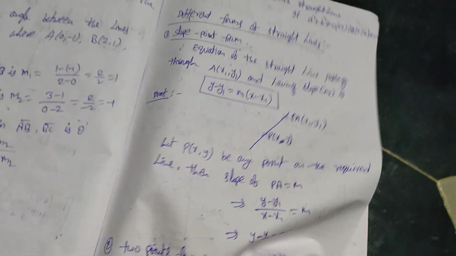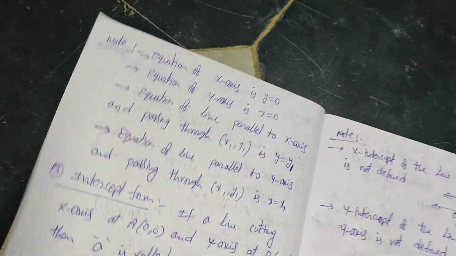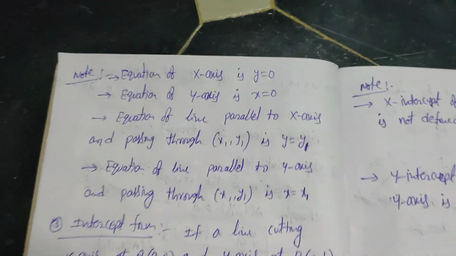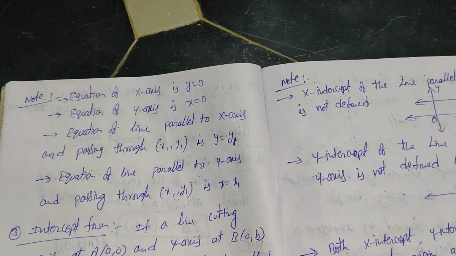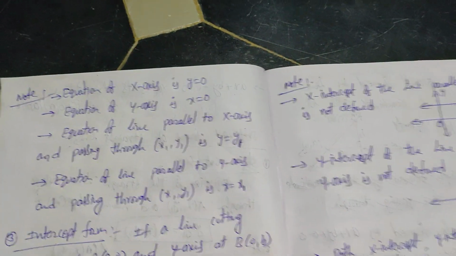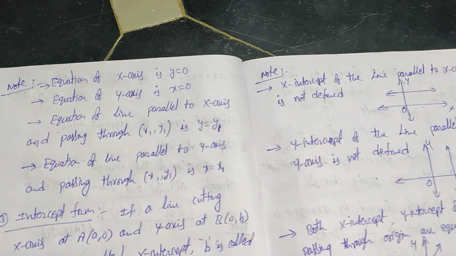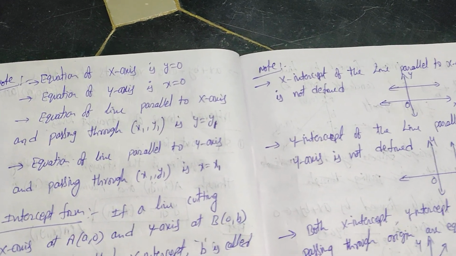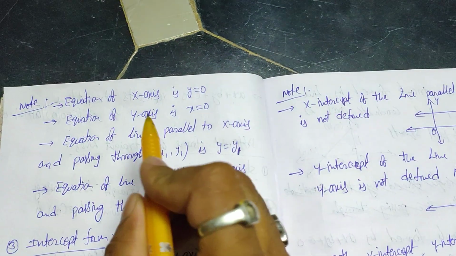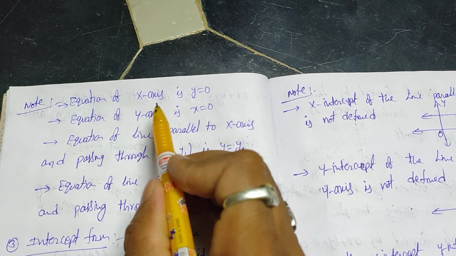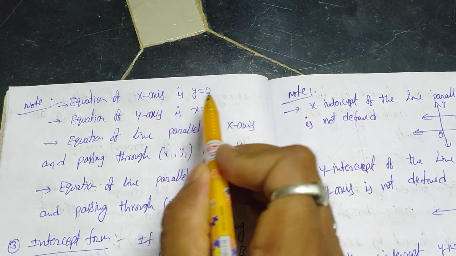Next one is a note: equation of x-axis. If you want to find out the equation of the x-axis in general, the equation of x-axis is y is equal to 0.